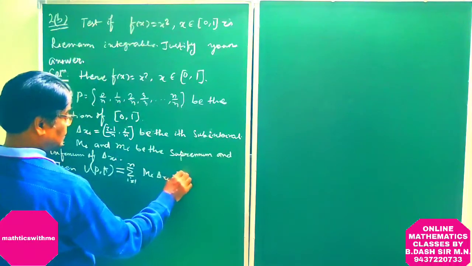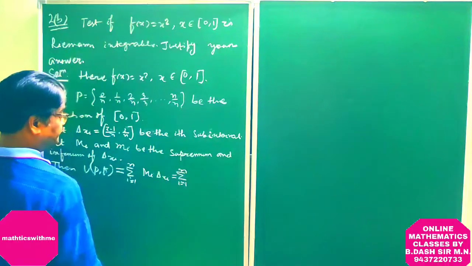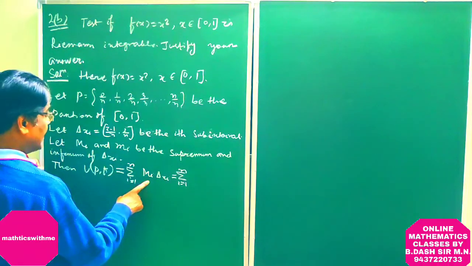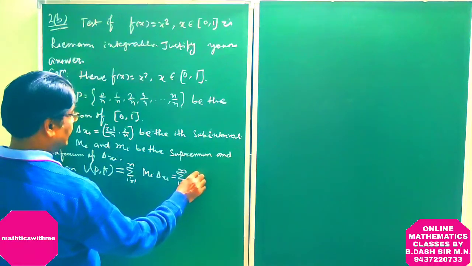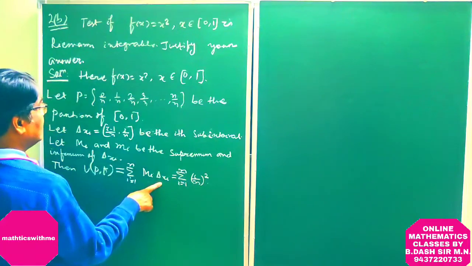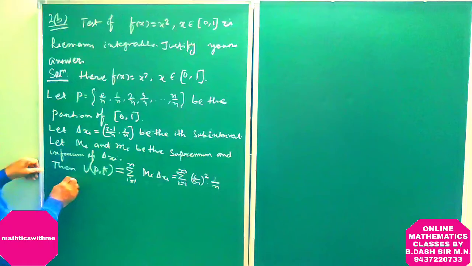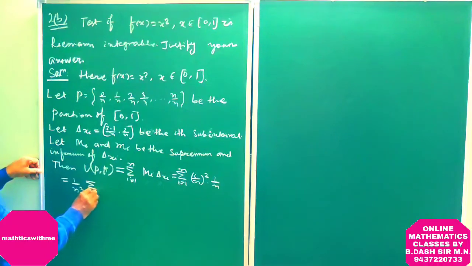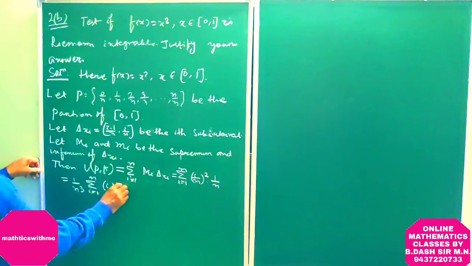This is equal to summation i is equal to 1 to n. Here Mi supremum is (i by n) whole square. Delta xi, the length of the interval, is 1 by n. So this is equal to 1 by n cube summation i is equal to 1 to n i square.